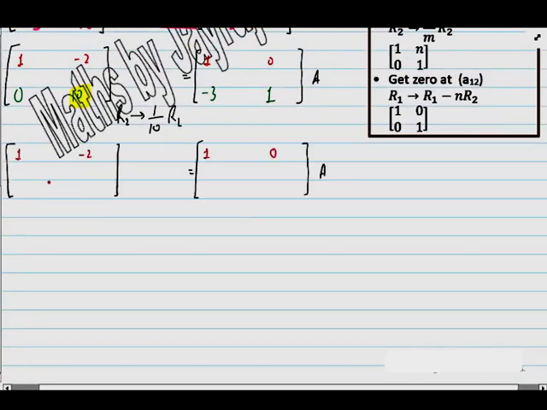So let's write down. Second row will be 0 by 10, 0, 10 by 10, 1, minus 3 by 10, minus 3 by 10, 1 by 10, 1 by 10, right? So we get the leading one and the value of n minus 2, right?